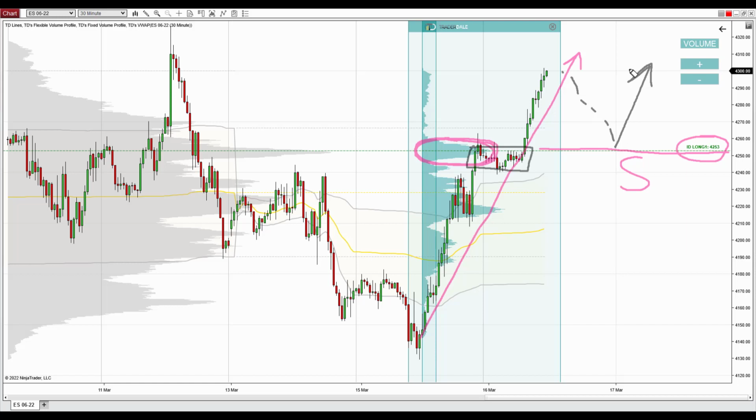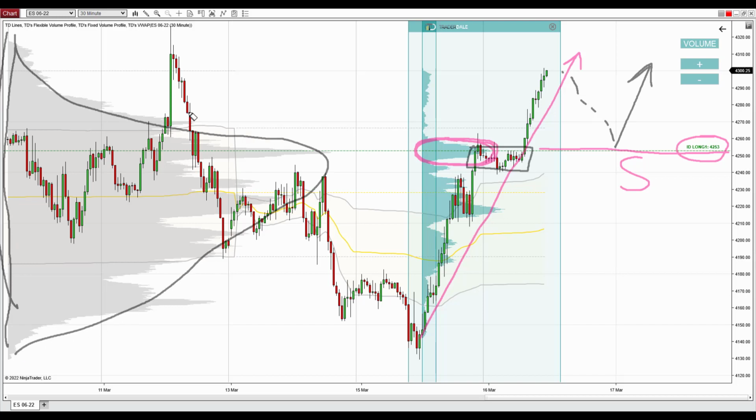Now, there are also a couple of more things that I like about this support. Another thing is that if you look at this gray profile, this is a profile that shows volume distribution throughout the whole previous week and also throughout this current week. So in the last 2 weeks, the heaviest volumes were accumulated in here.